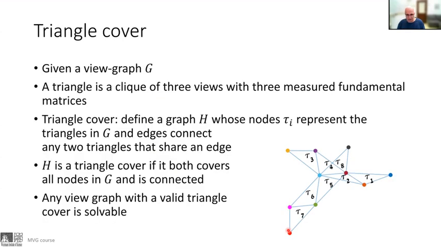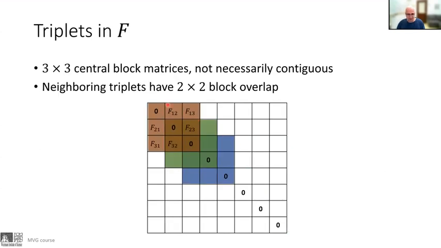This triangular cover in this matrix: if we have a 3n by 3n fundamental matrix, a triangle is simply a 9 by 9 submatrix. The blocks don't have to be consecutive. Here I plot them as if they are neighboring, but you can take any triplets of blocks and take a 9 by 9 submatrix with 3 by 3 blocks for this triangle.